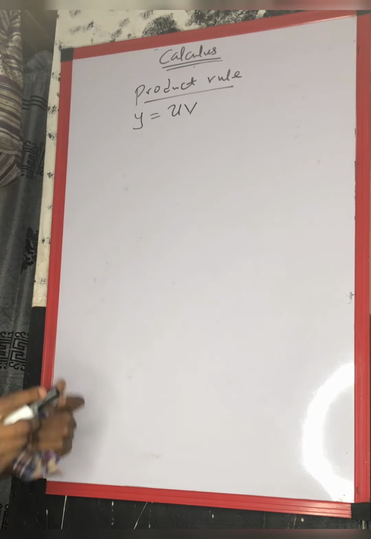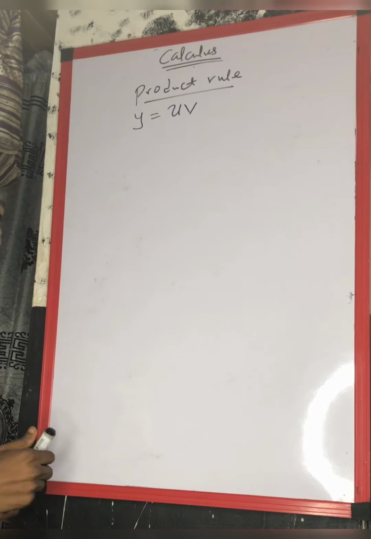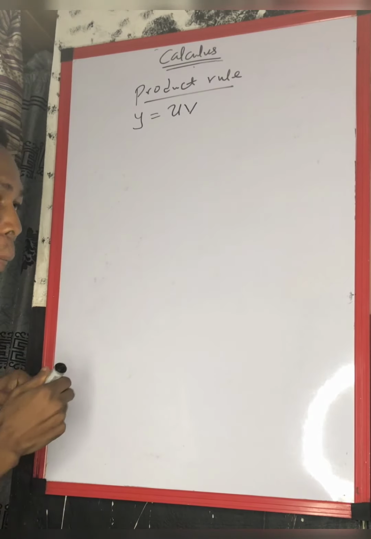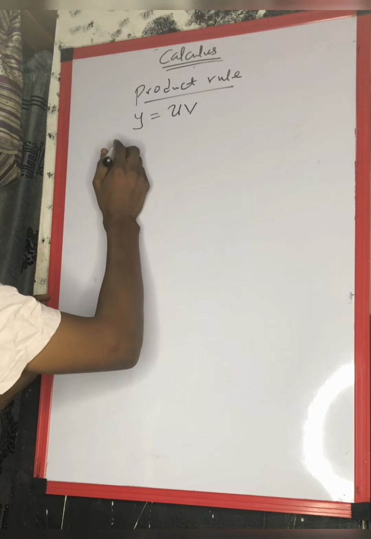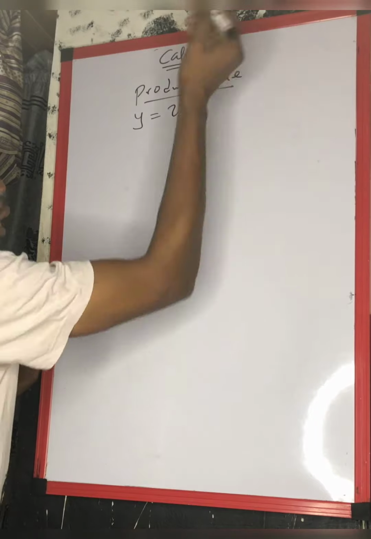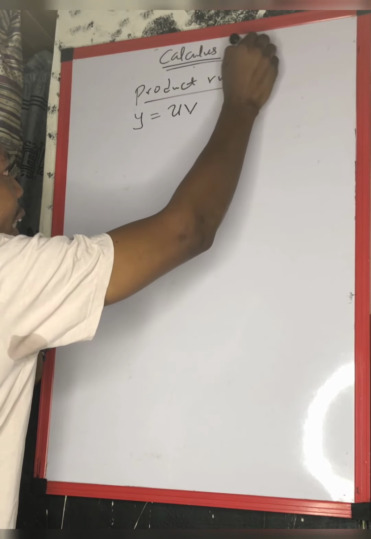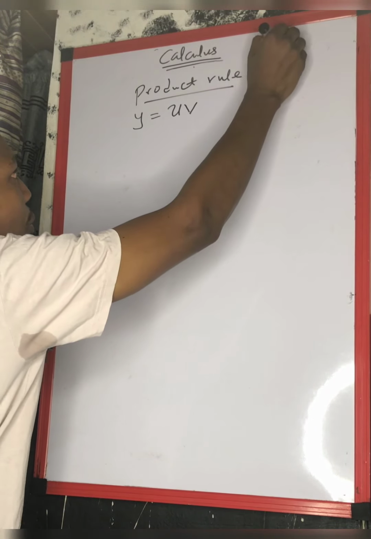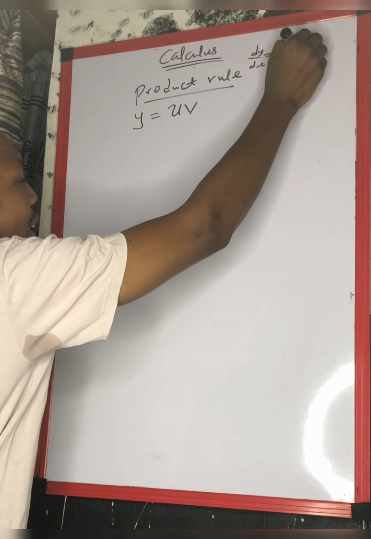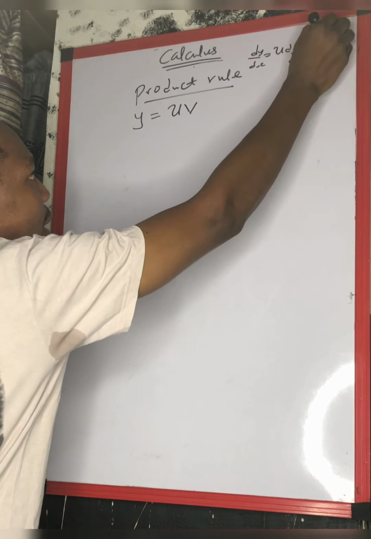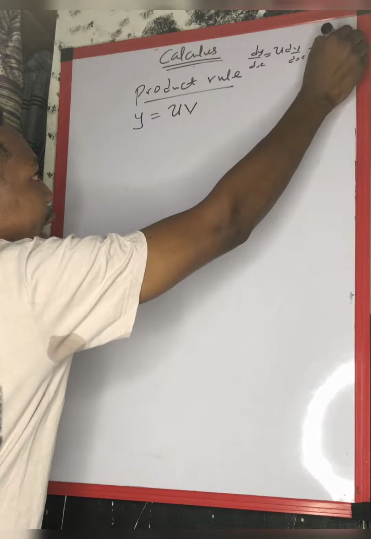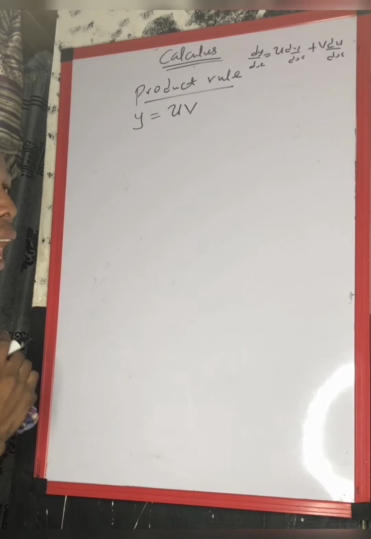Using our first principle, don't forget what we have to prove is dy/dx equals u dv/dx plus v du/dx. Have that in mind.